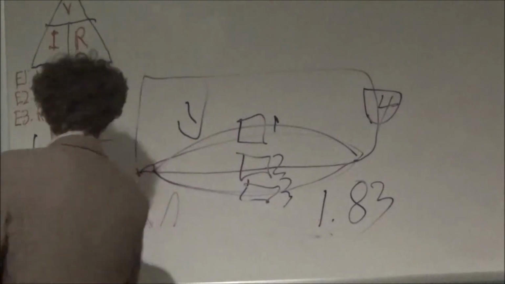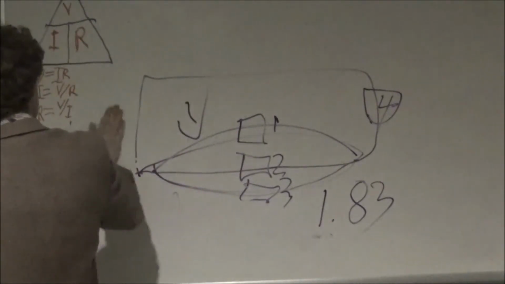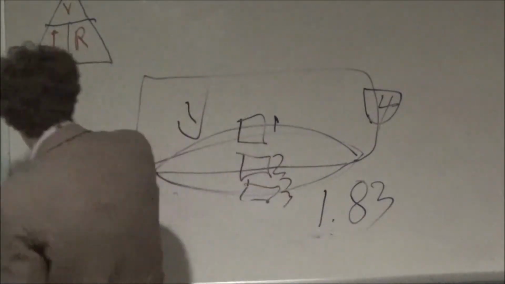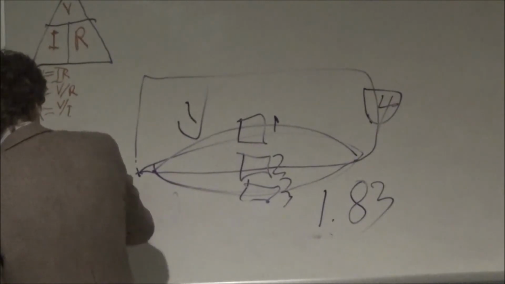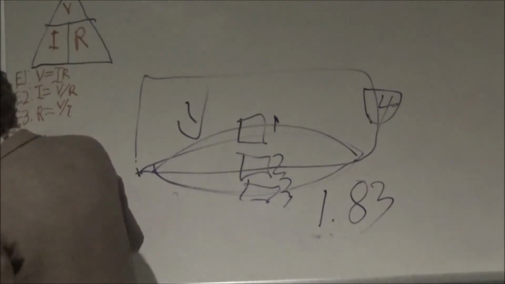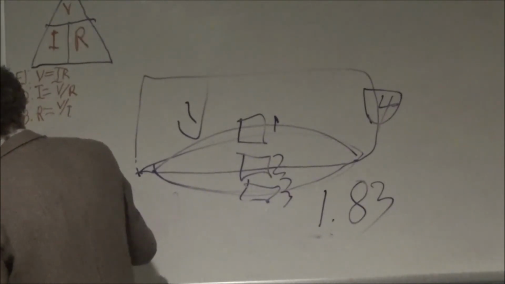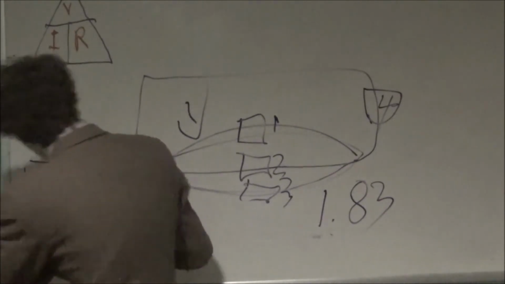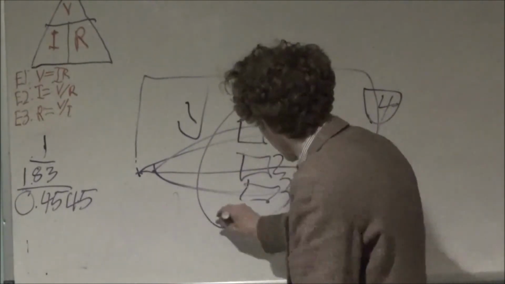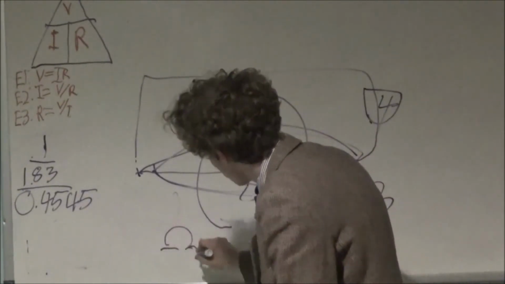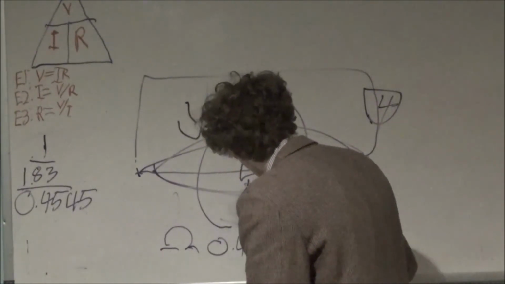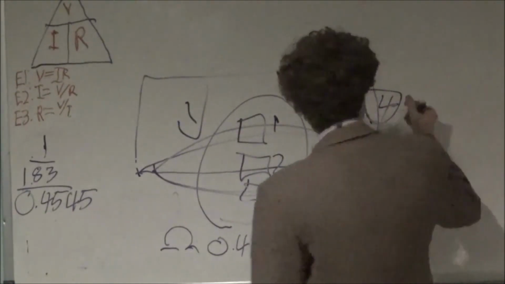Now we divide 1 by this number, and we get 0.4545 repeating, but we'll just call it 0.4545 for now. So this whole thing has an overall resistance of 0.4545 ohms. Then we add it to this with a resistance of 4.